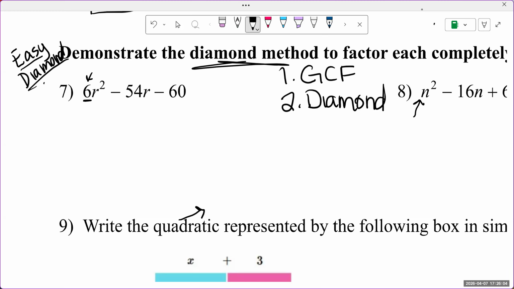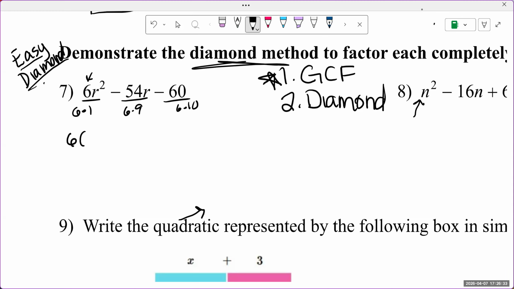So if there is only a way to get rid of that 6, how could I get rid of that 6? If you notice, this is 6 times 1, this is 6 times 9, and this is 6 times 10. That means first I could factor out the GCF, and then I'll have an easy diamond quadratic.